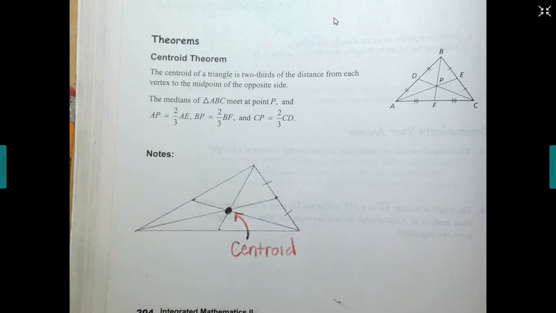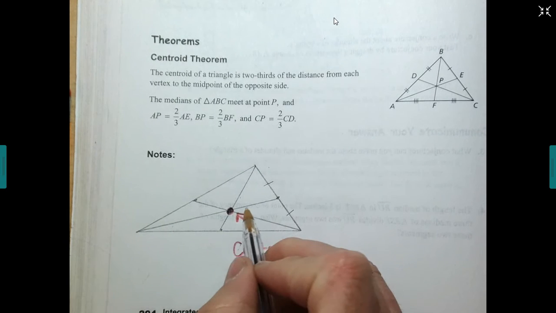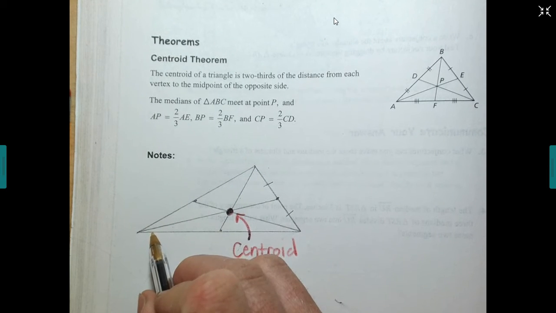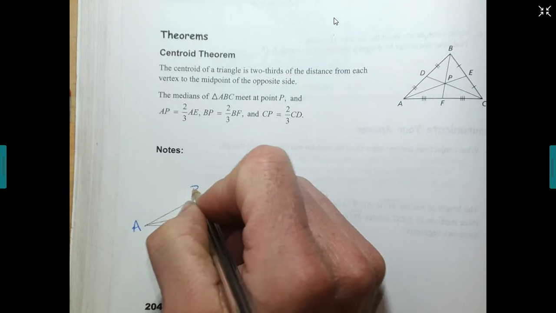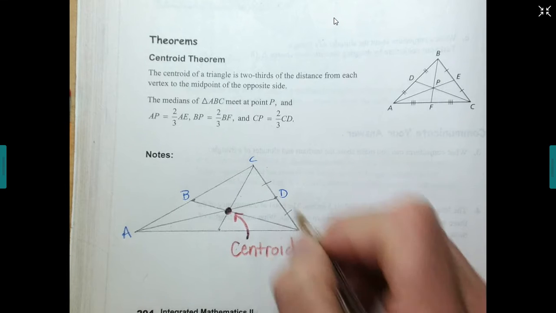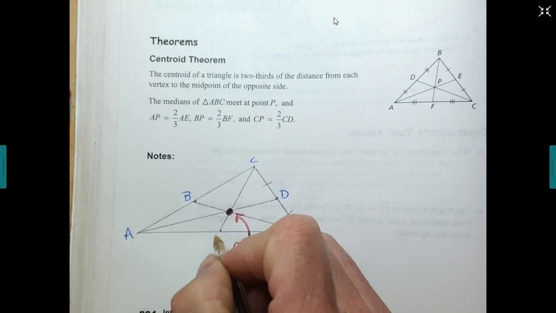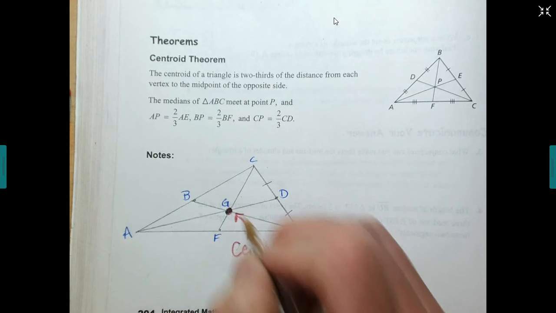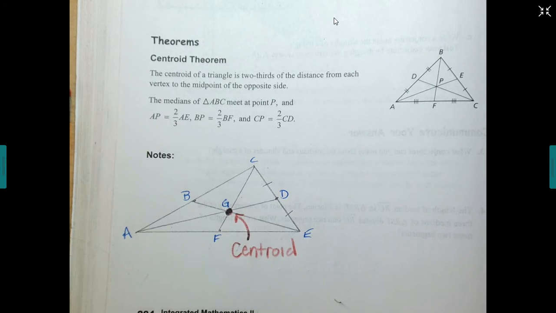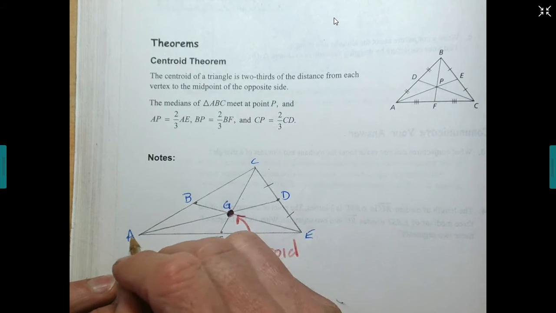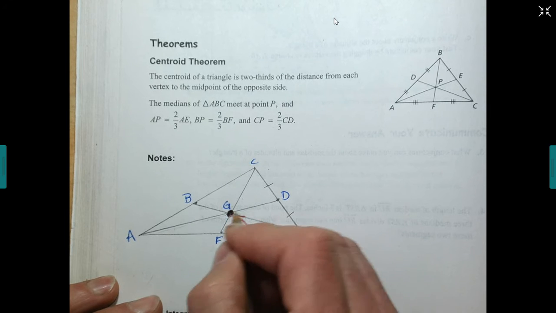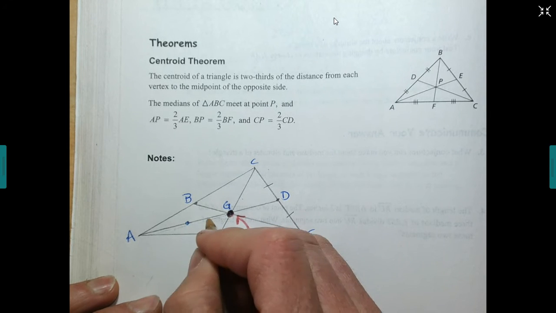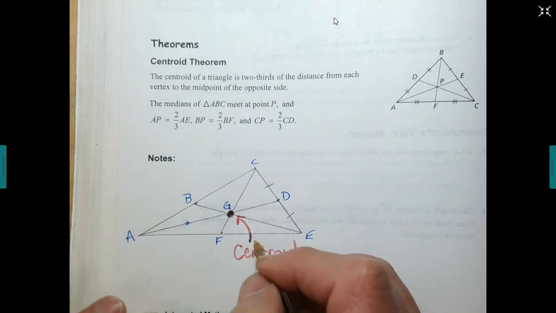But another thing that the centroid does is the centroid cuts each segment into thirds. So let's label these A, B, C, D, E, F, and G. So this AD right here is cut into thirds. So there's 1/3, and then 2/3 and 3/3.